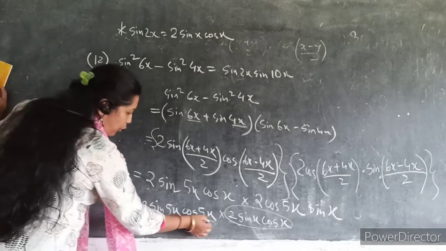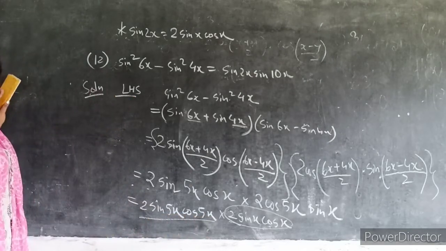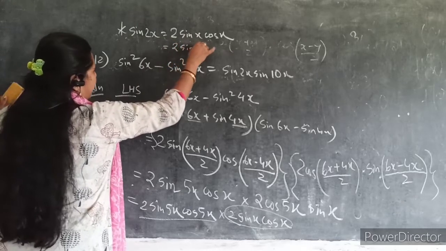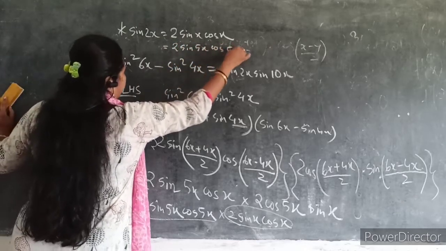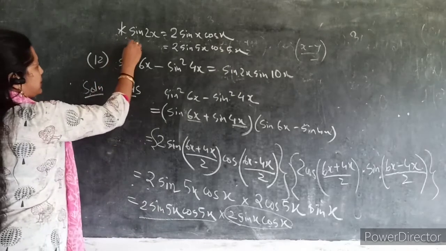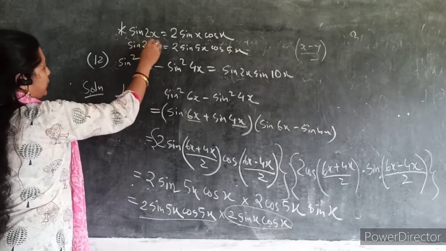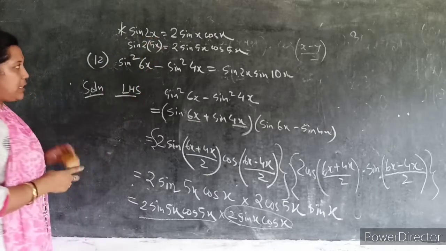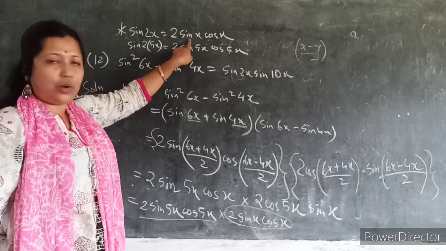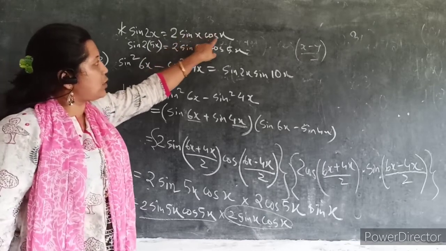Let us try to correlate this part with your formula. Here it is given 2 sin 5x into cos 5x. That means what will be the correlation with this? That will be sin of 2 into 5x. Because see here, when we write 2x, we correlated it with the direct formula 2 sin x cos x.